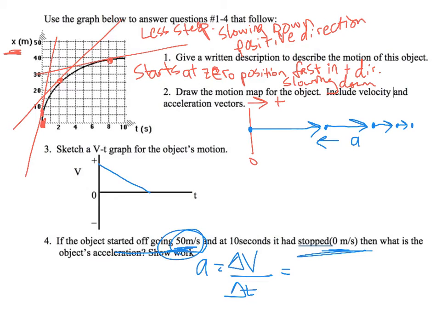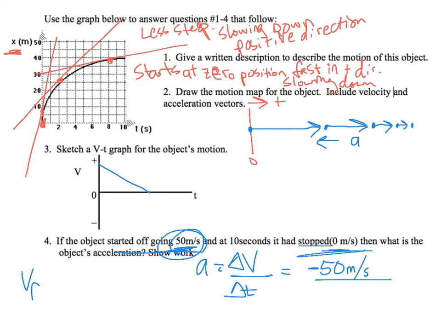That means its velocity changed by how much? By 50 meters per second. However, it started with 50 and ended with none. That's a change that's negative. Now, I'm going to remind you of this, which you may have forgotten.